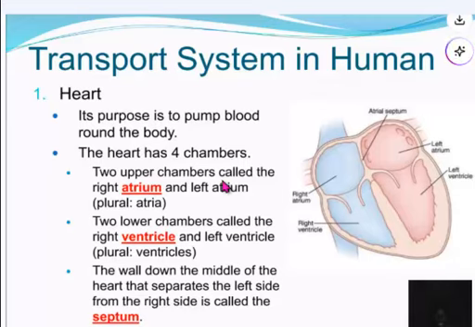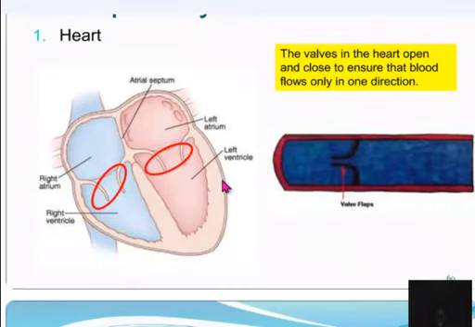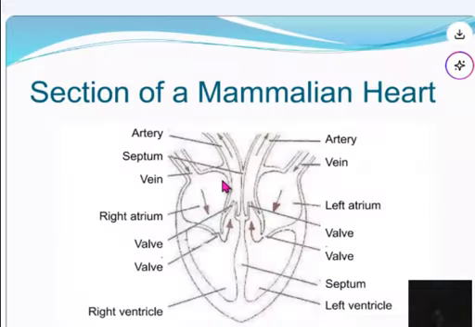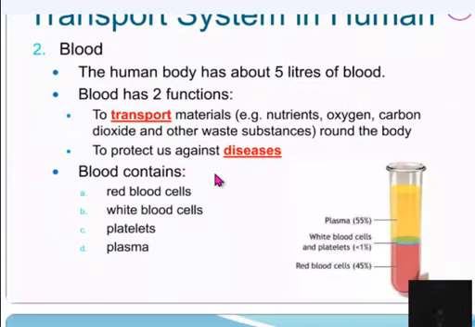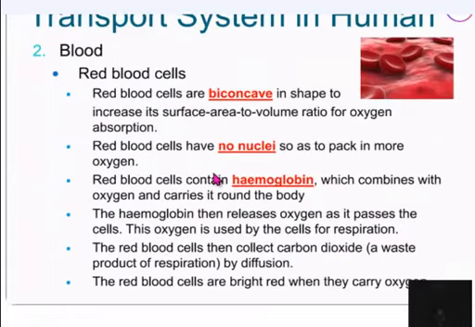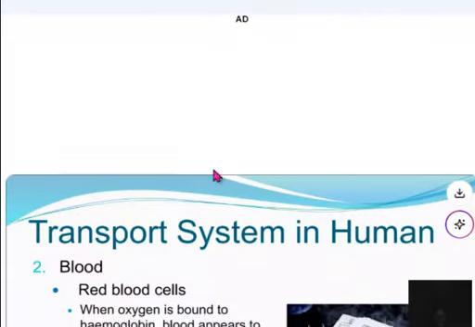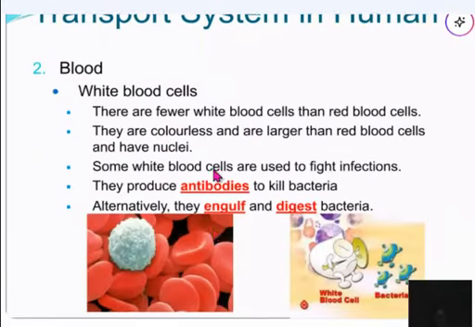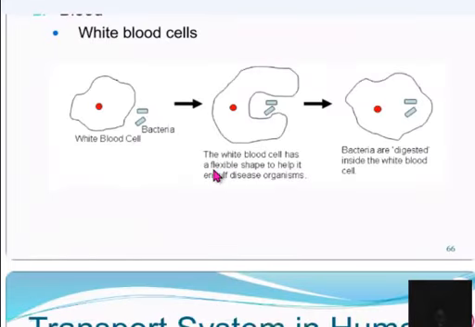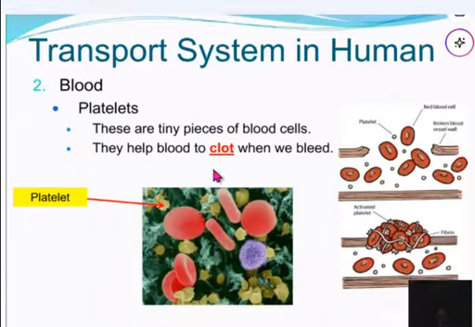We discussed the heart in detail. Then we looked at the heart diagram here. Then we talked about the section of the mammalian heart. Then we talked about the blood: the red blood cells, white blood cells, platelets, and plasma. All this has been discussed in detail. White blood cells, how they engulf.